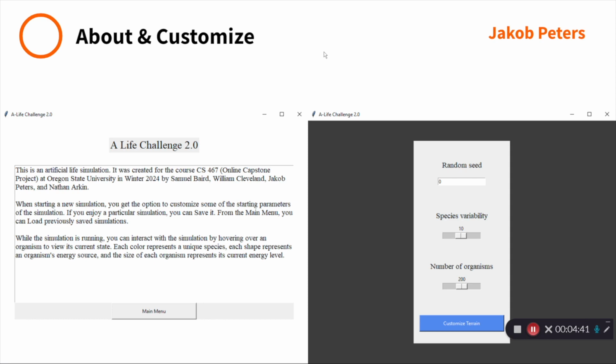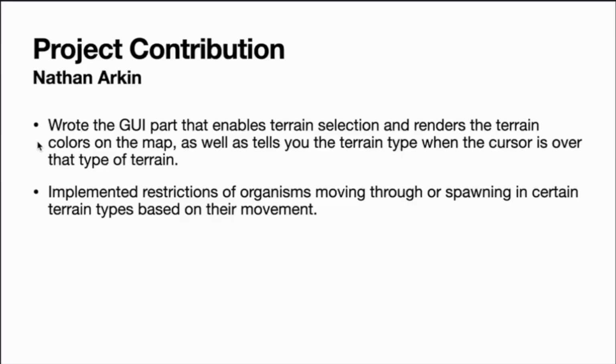So you get to select a random seed, which is used to set the state of the pseudorandom number generator, the species variability, which selects a number of points within the genome to sample your initial organisms from, and then the number of organisms that are initially spawned into the simulation. And that is all from me.